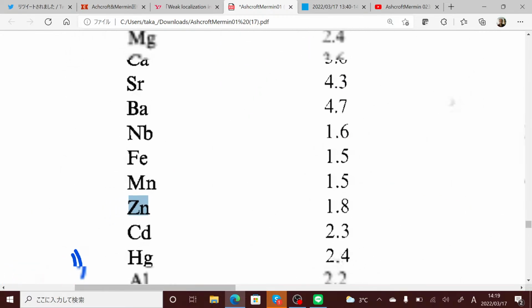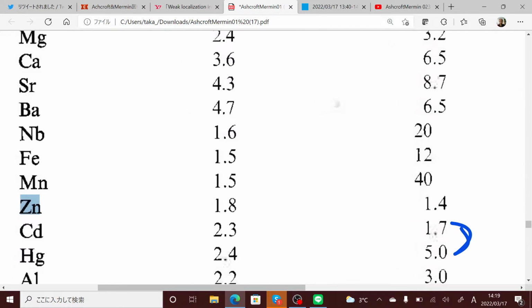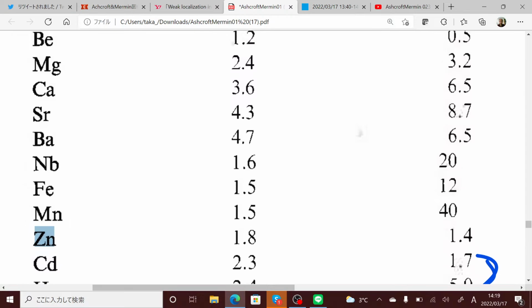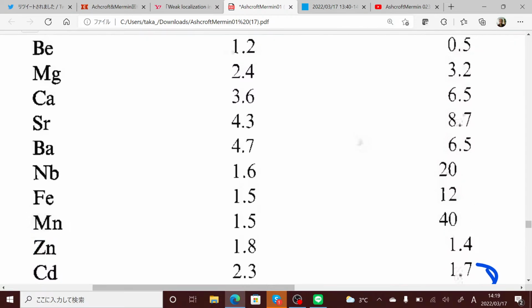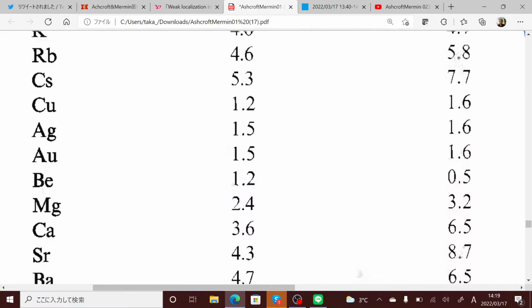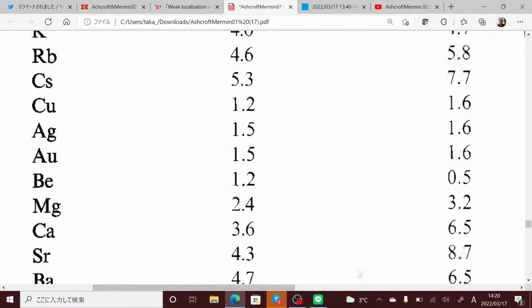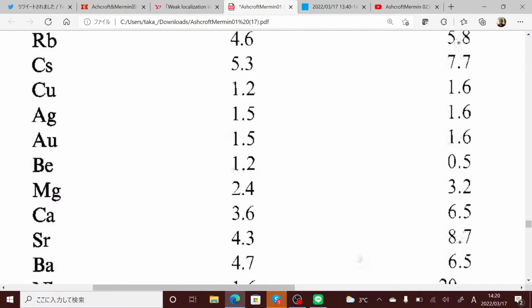So, manganese is a different material. Manganese is very heavy in electron mass, okay, and gold is about 1.6.